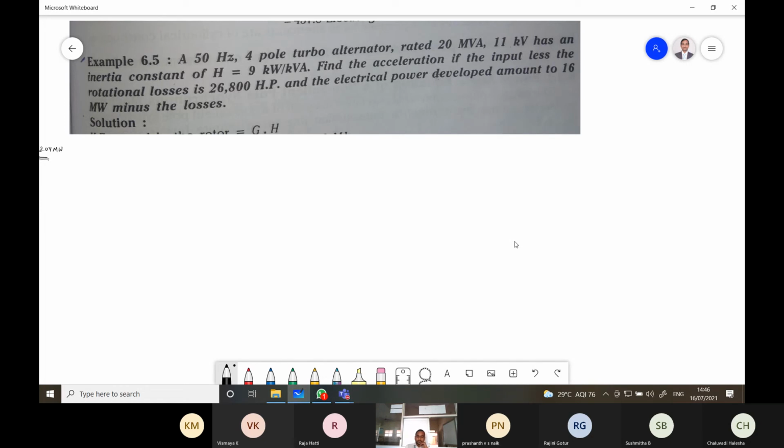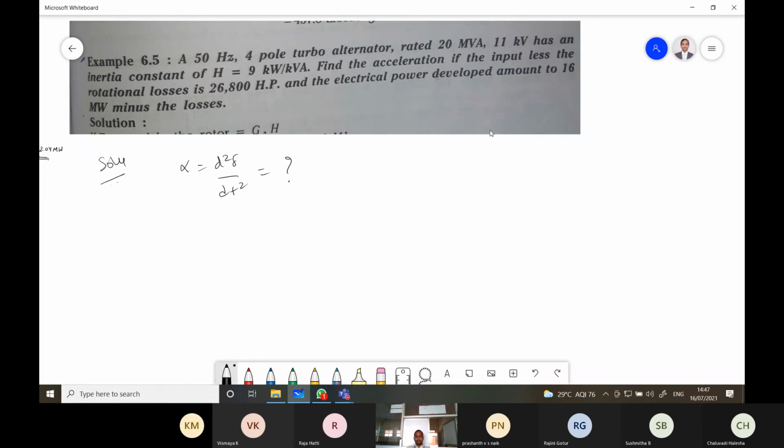So what we need to calculate is the angular acceleration, that is d square delta by dt square, alpha. We need to find out alpha.